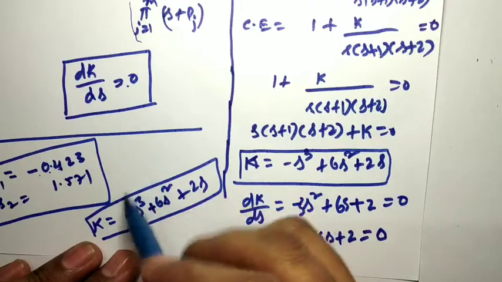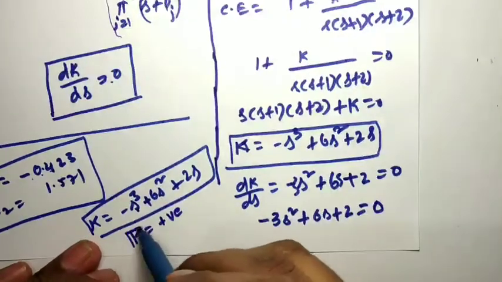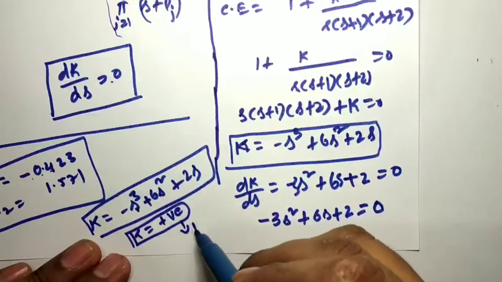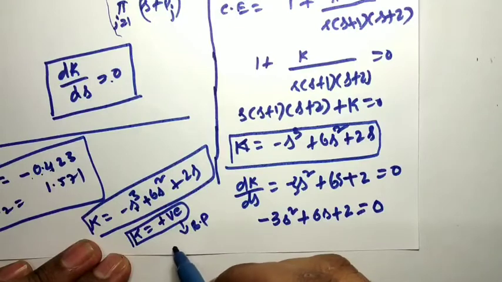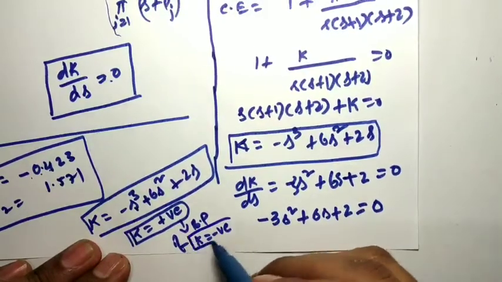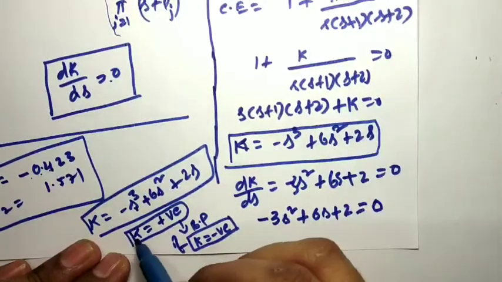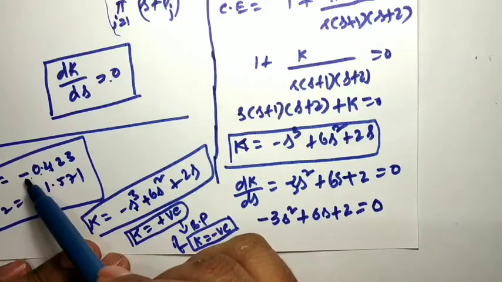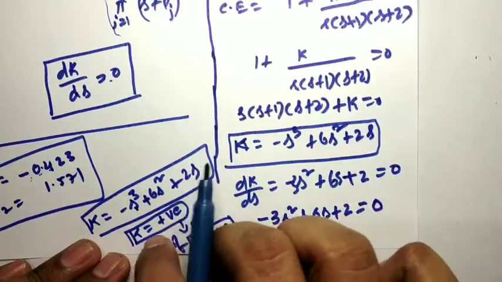If we get a positive k, then that is the breakaway point. If the k value is negative, that will not be a breakaway point. Here, since we substitute s is equal to minus 0.423, k will be a positive value.